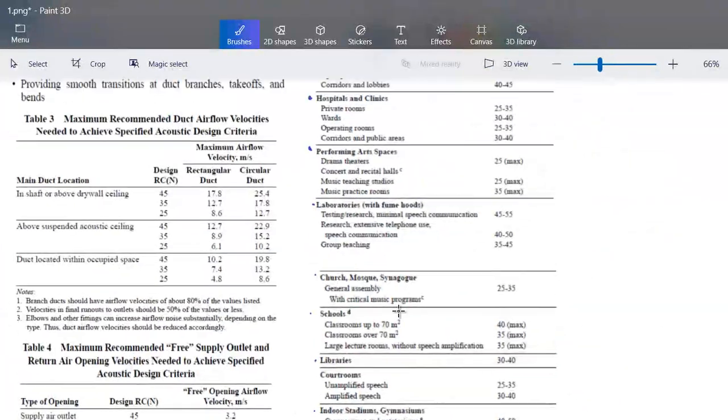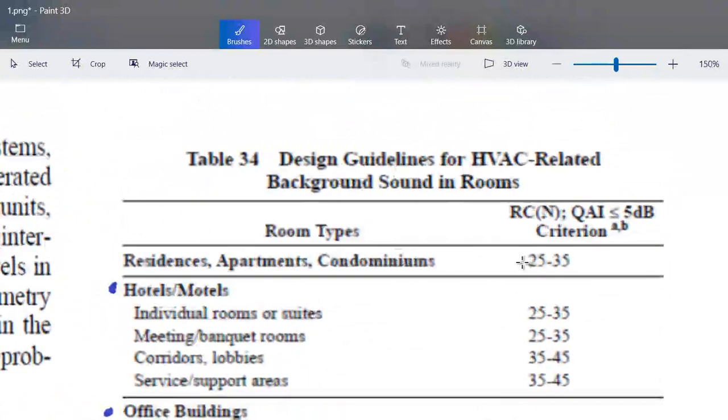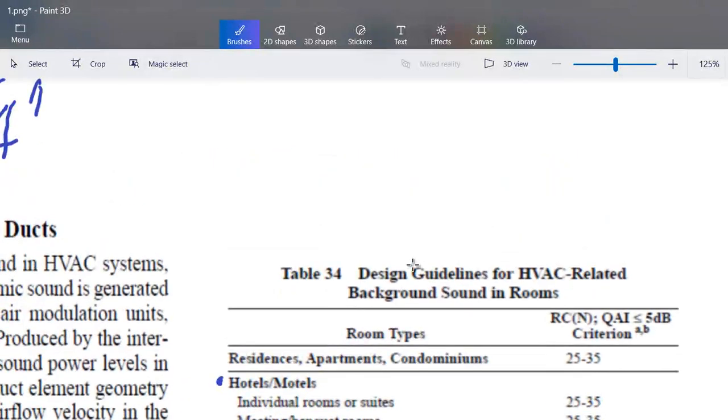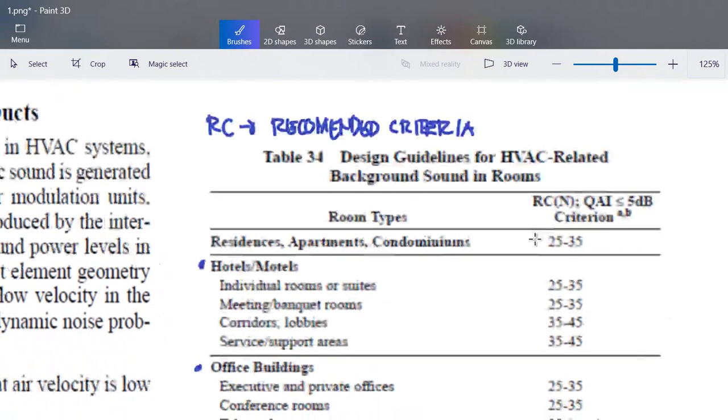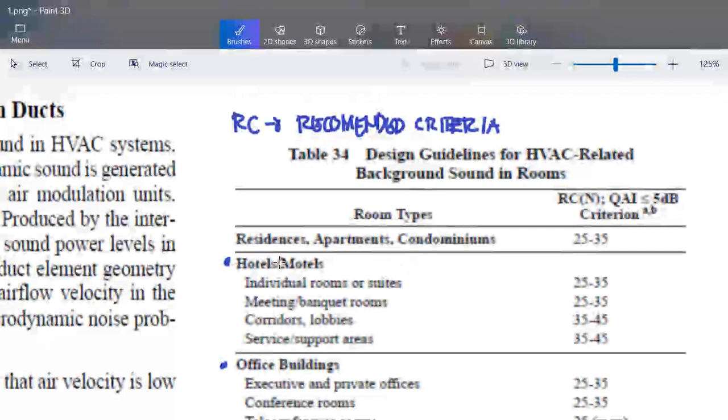Okay, so sa kabila niyan we have your RC. So your RC stands for recommended criteria. So we have the following criteria decibels for residences and condominiums also.